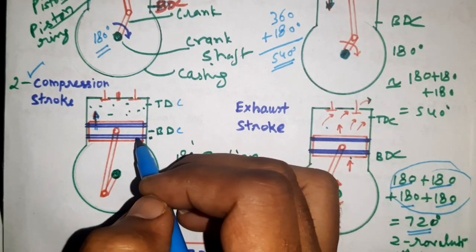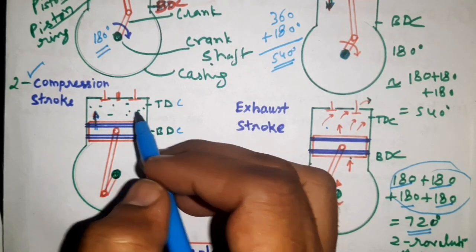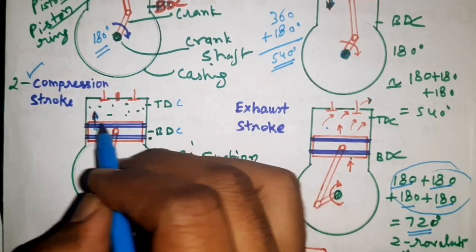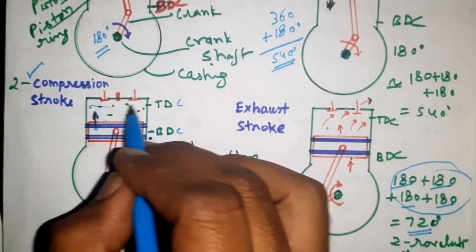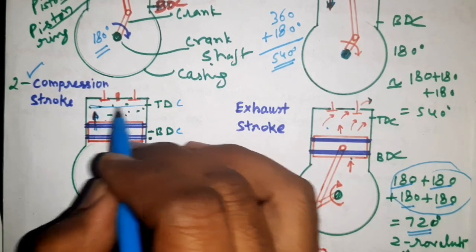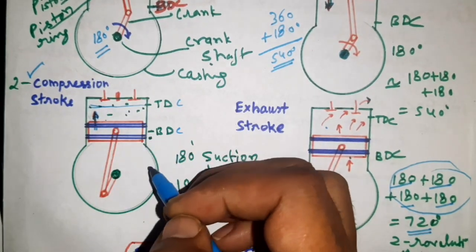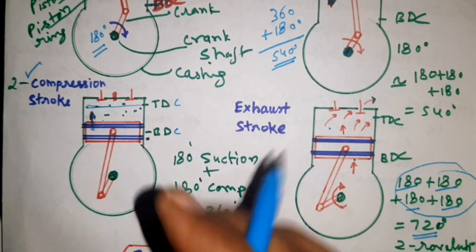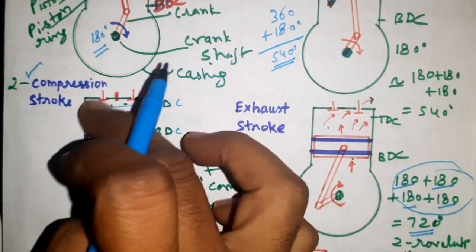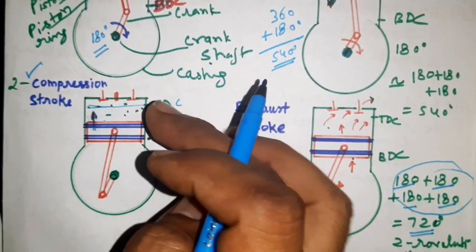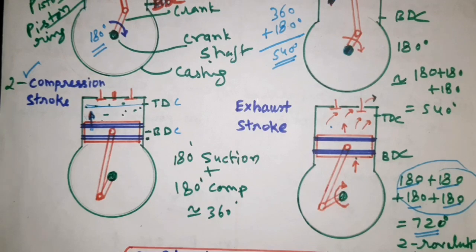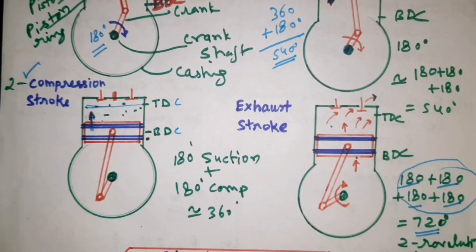Due to the decrease of volume, pressure will increase. Going from here to here is the compression process. During the compression, the volume will decrease and pressure will increase, so the air fuel mixture will be compressed.